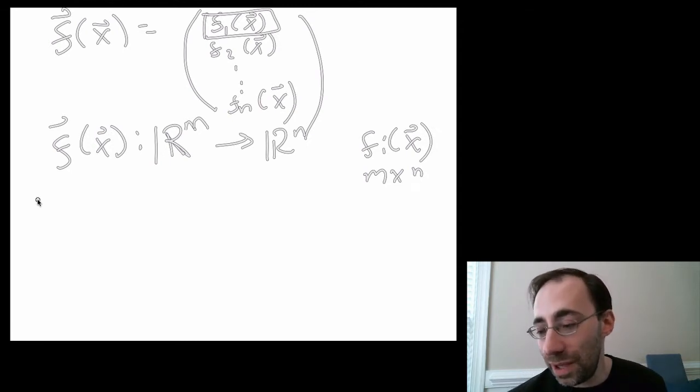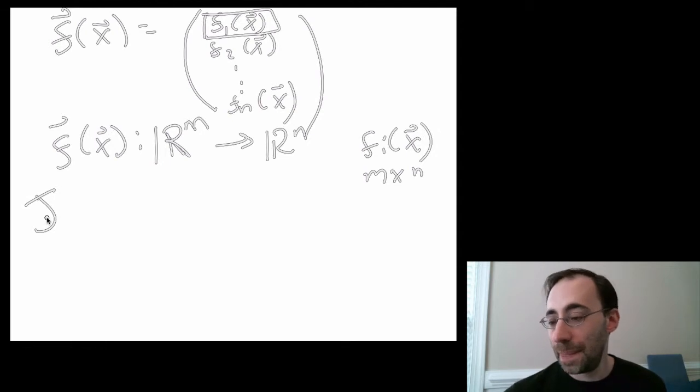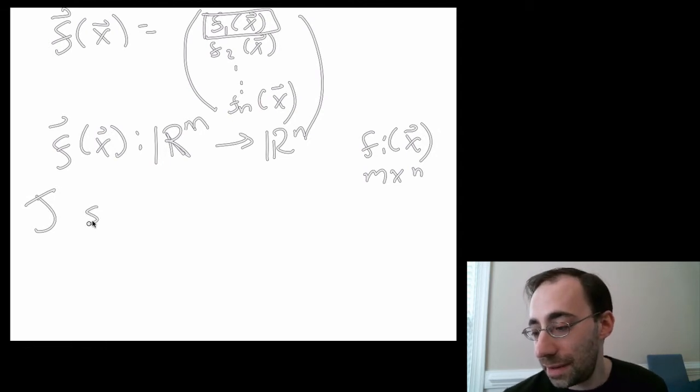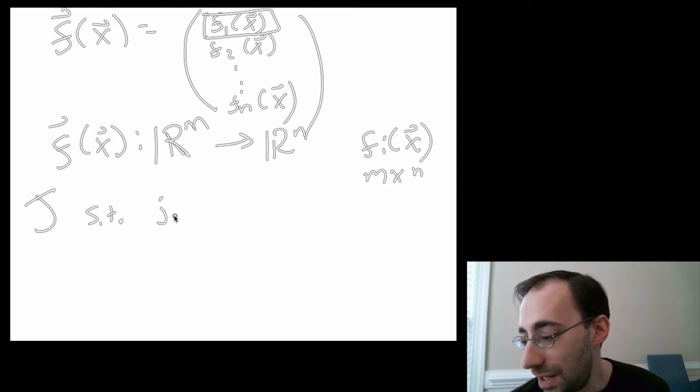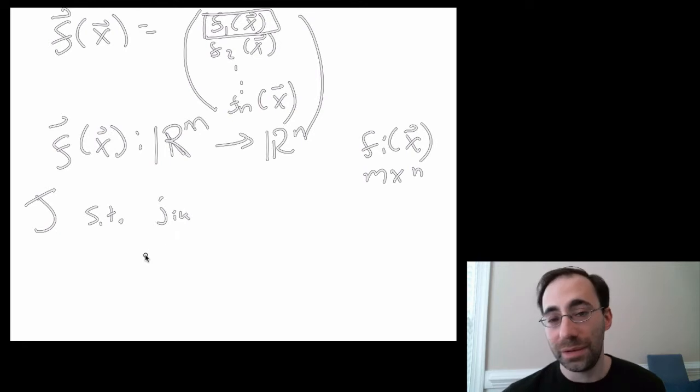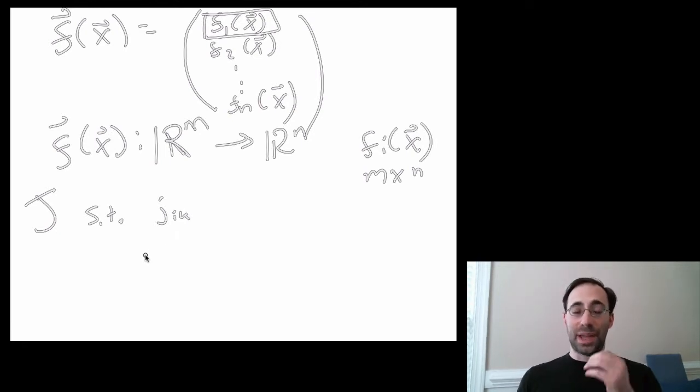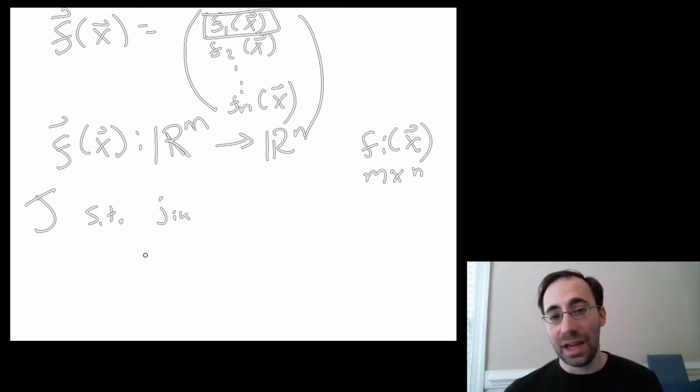We define the Jacobian matrix, J, such that J sub ik, so little j here is, perhaps confusingly because we often use j as an index, an element of capital J, the matrix, the ikth component of the matrix, right?